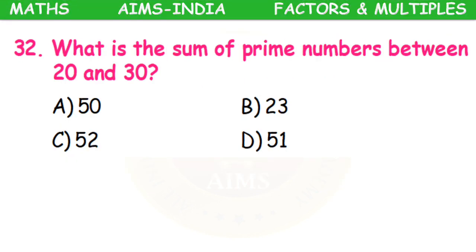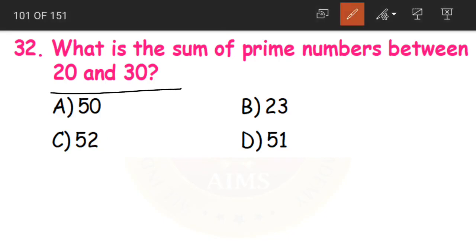Next question. What is the sum of prime numbers between 20 and 30? Children, between 20 and 30, we have only two prime numbers. They are 23 and 29. Now what are prime numbers again? Prime numbers are those numbers which have only two factors, 1 and itself.